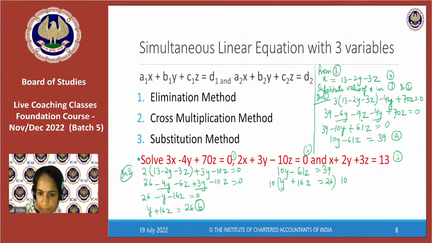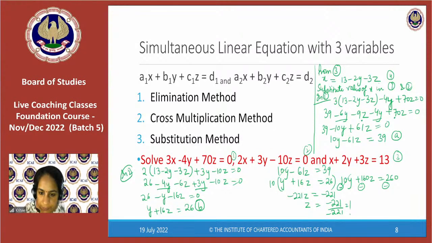So this becomes now 10y plus 160z equals 260. And I have to subtract these equations. 10y minus 10y goes away. Minus 61 and minus 160 makes it minus 221z equals 39 minus 260, which is minus 221. So your z is equal to minus 221 by minus 221, that is equal to 1.